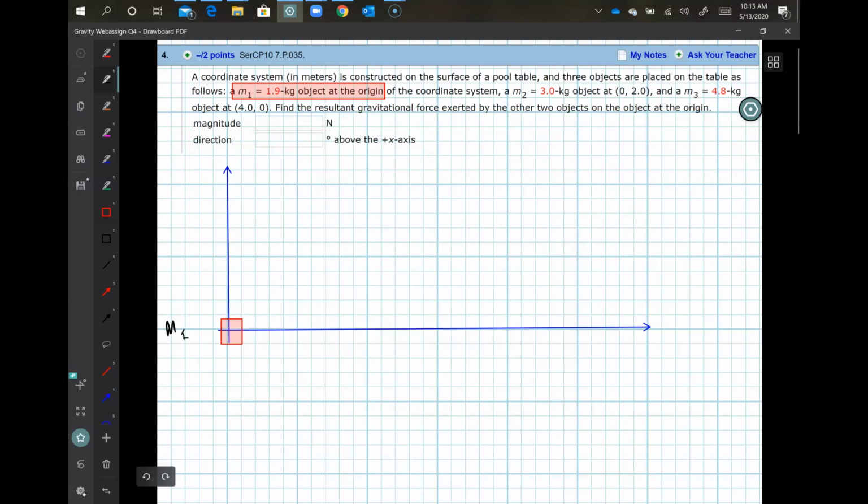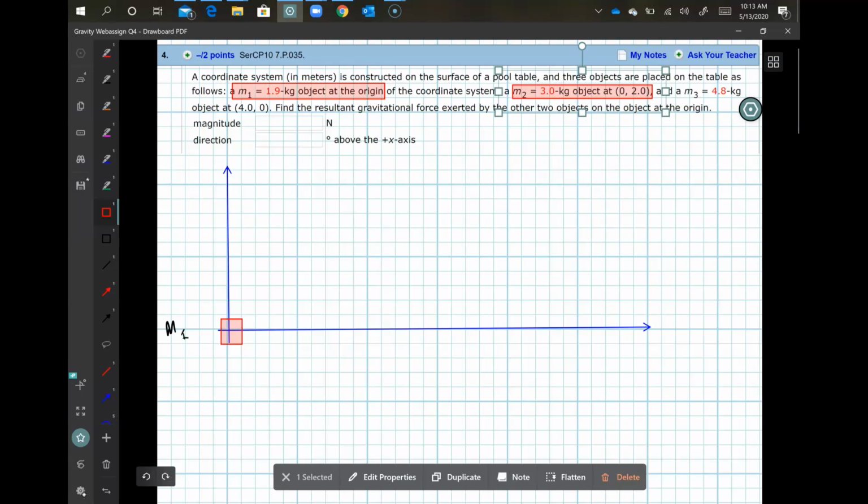And mass 2, we can see, is at the coordinates 0, 2, which is going to put that object about here. It's also a larger object than the first one, so I'll just draw it a little bit bigger.